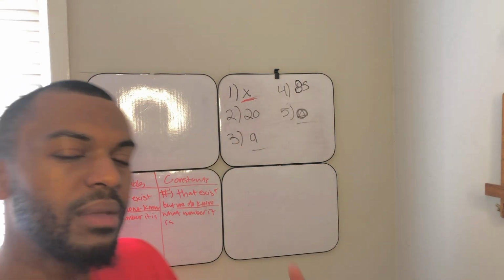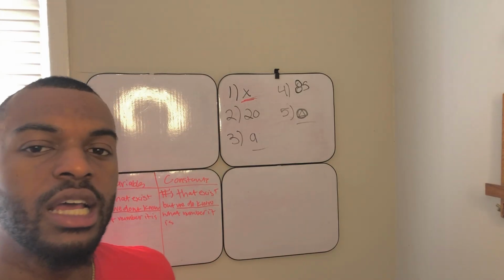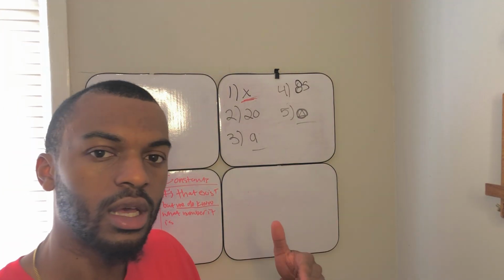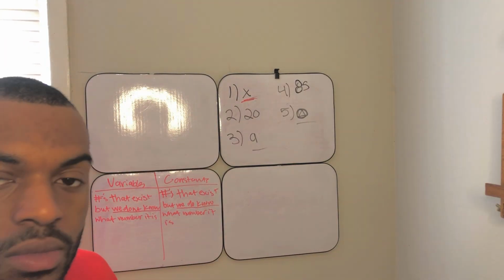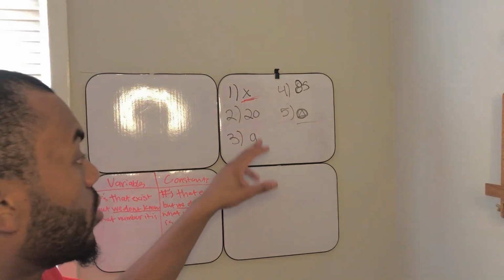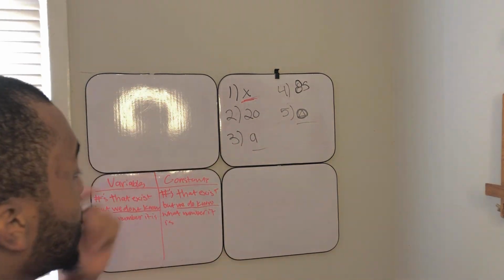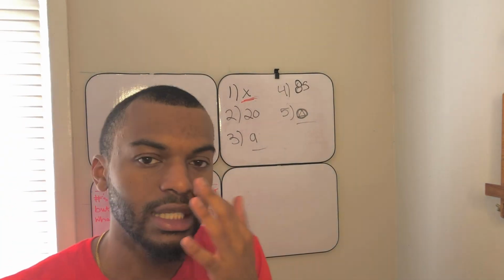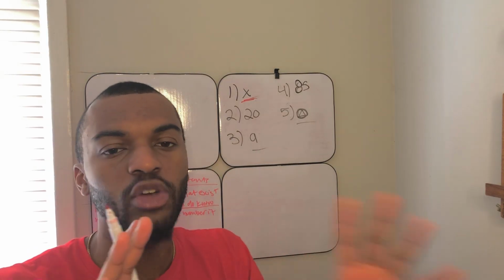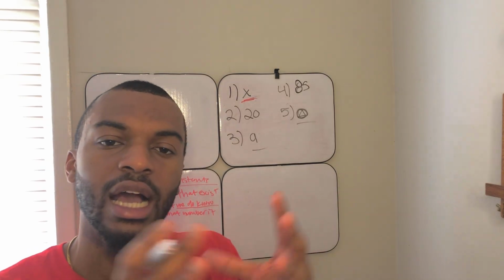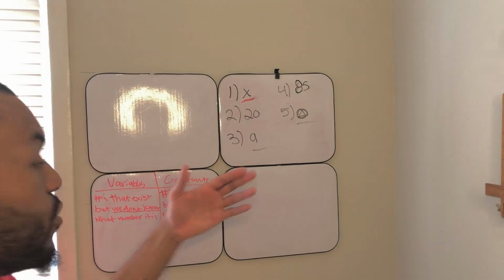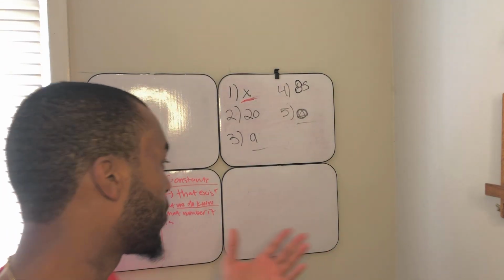How many minutes, how many seconds, however many hours, I don't know, me personally. If you do know, then you would plug this in as a constant, because what I'm trying to get you to understand is the contrast of variables and constants and the relationship. If you know, then you know, and it's not a variable no more.